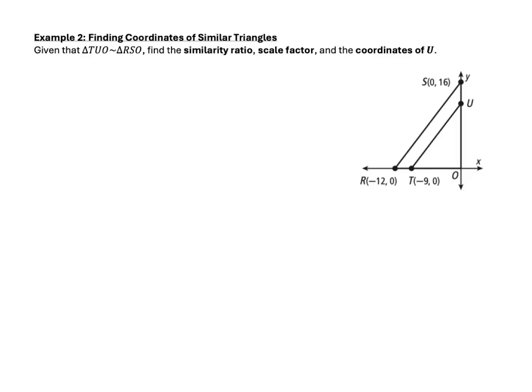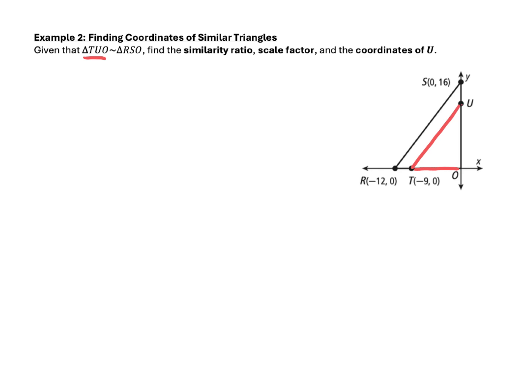The last example that we're going to look at in this section has to do with some dilations in the coordinate plane again, but this time we're going to find a missing coordinate in some similar triangles. Notice the similarity statement right here says triangle TUO is similar to triangle RSO. I'm going to outline these triangles in different colors so we can see them because they do overlap.